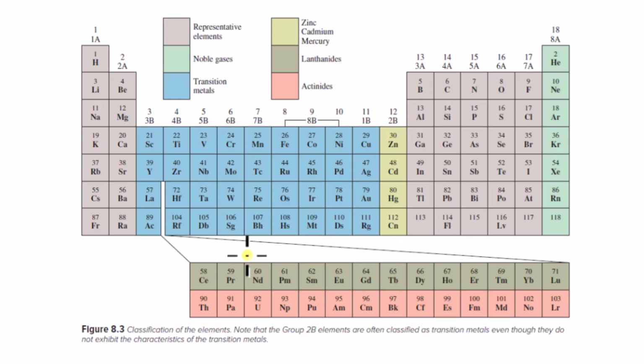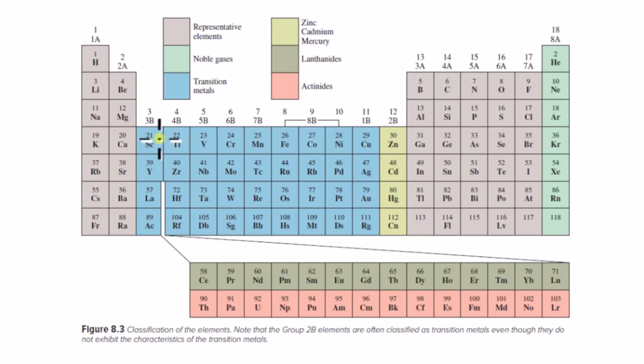What makes an element a transition metal is that it has an incompletely filled d subshell or readily gives rise to a cation that has an incompletely filled d subshell. So you can think about why these are not technically considered transition metals: they have the entire d subshell filled, and they don't readily give rise to cations that make the d subshell partially filled.